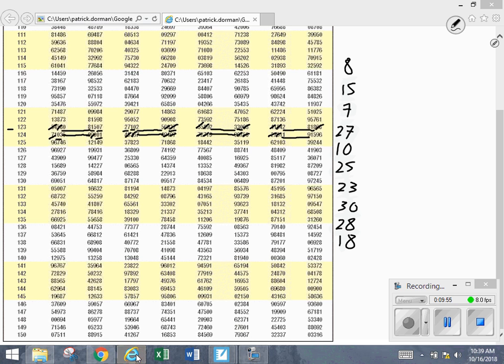28. 18. Number 3. Number 1. Number 19. And it looks like also now number 15. Where are we at? 1, 2, 3, 4, 5, 6, 7, 8, 9, 10, 11, 12, 13, 14.